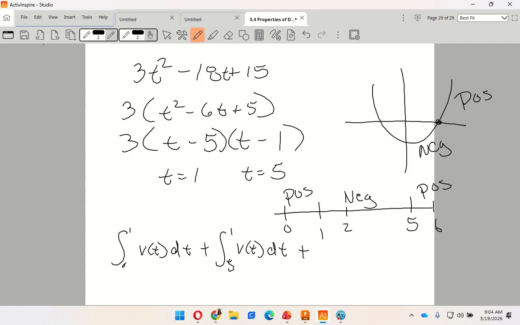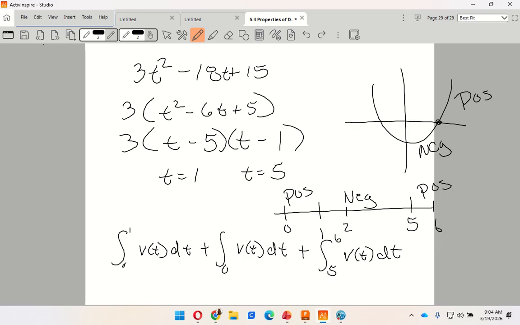And then I'm going positive again for that last part, which is going to be from 5 to 6. Would you have to make it negative? Because it's a negative like this. Or you could just do, like it says, from 0 to 6.